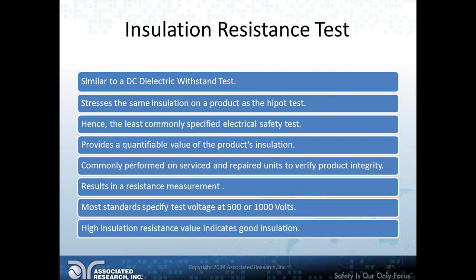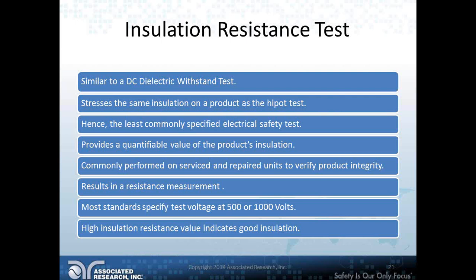So the insulation resistance test is also a very important test, and as far as the circuit goes, you can think of it as exactly the same circuit as we saw for the high pot test in our previous slides.